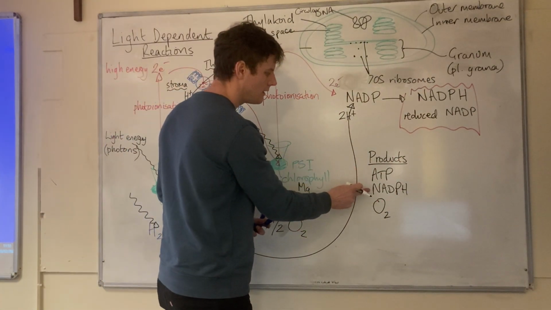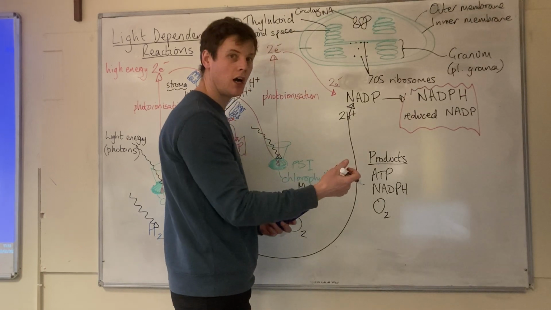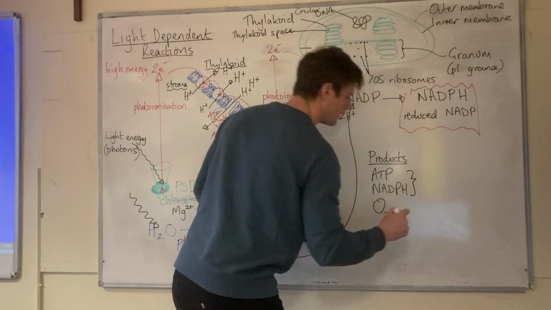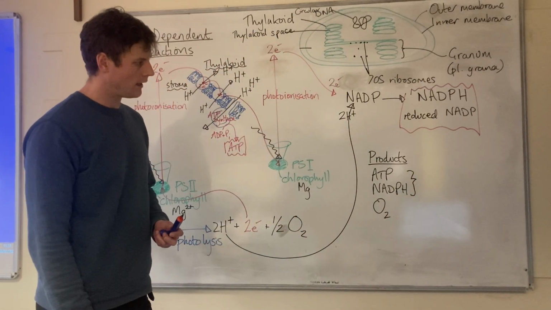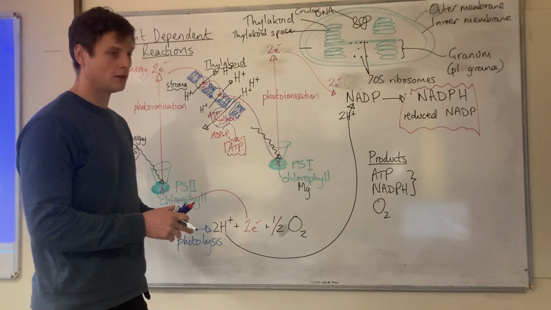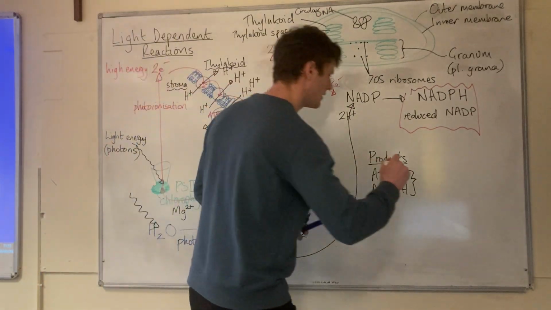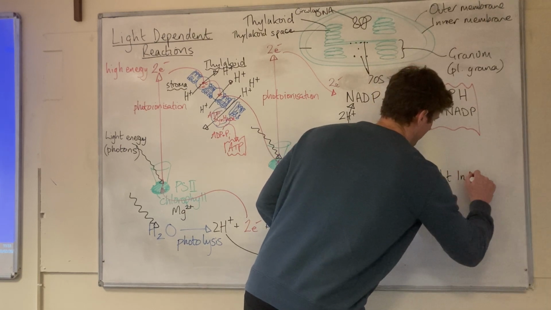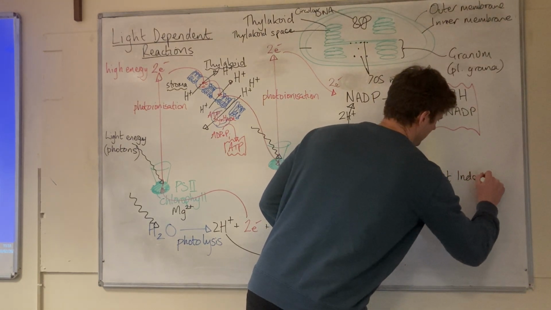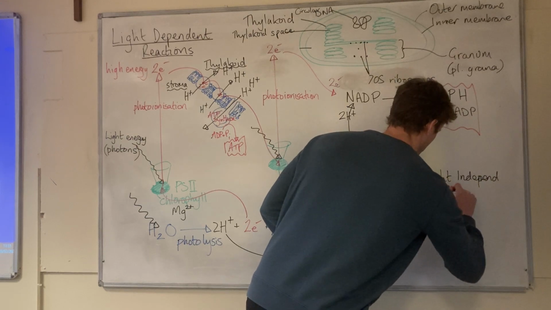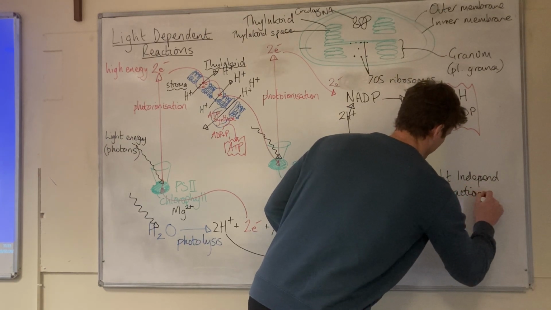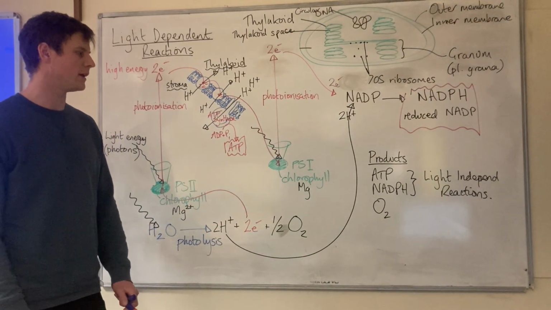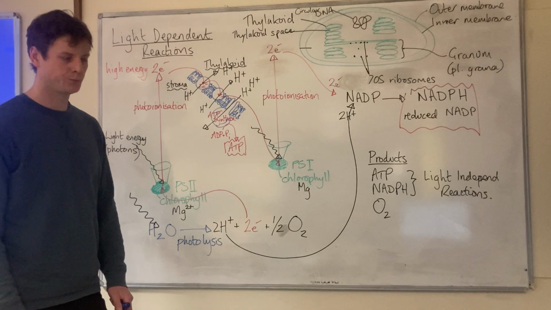The ATP and the NADPH are important because these pass on to the next stage of photosynthesis, which is called the light independent reactions. In my next video, I'll explain how that ATP and NADPH are used.